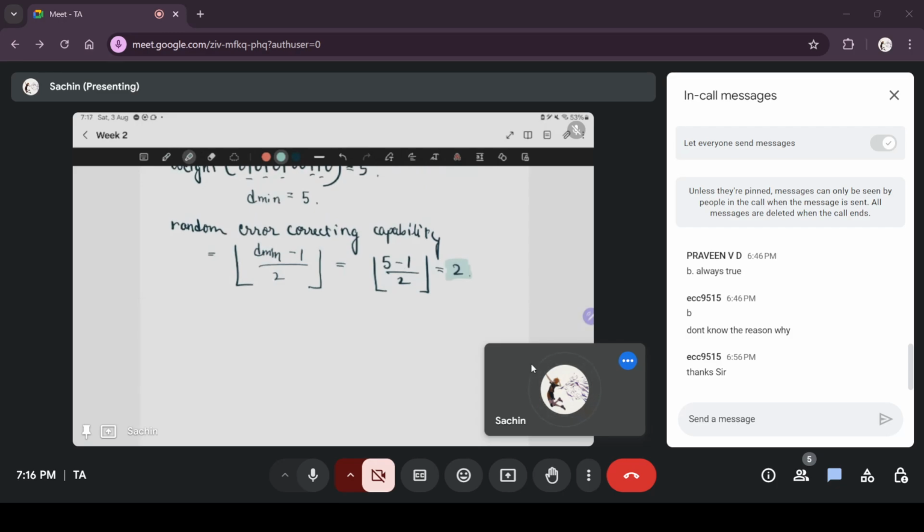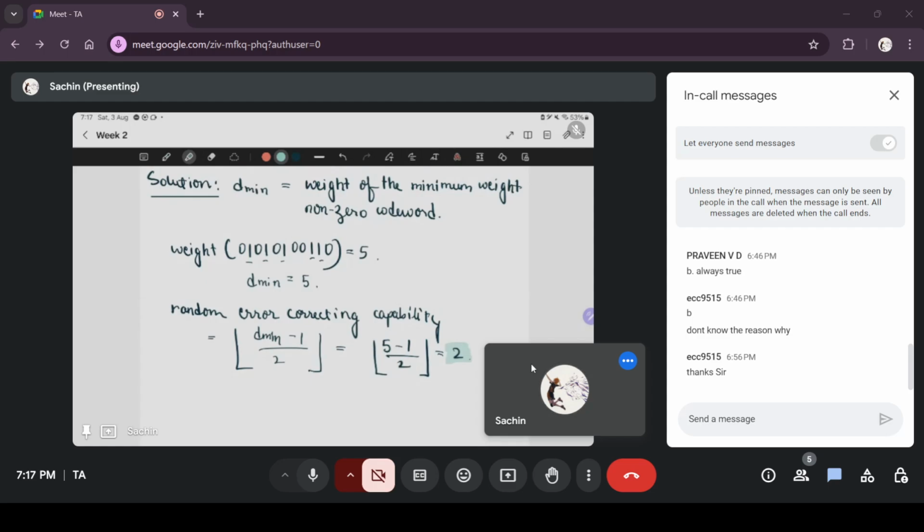So here what we mean is that that's the theoretical possible error correcting capability. It doesn't mean that any decoder you use will be able to correct two errors. You might be able to only correct one error with some decoder. So that's why designing the decoder is also important.